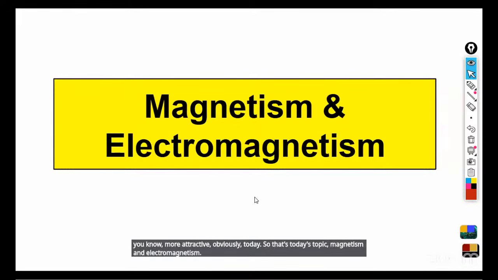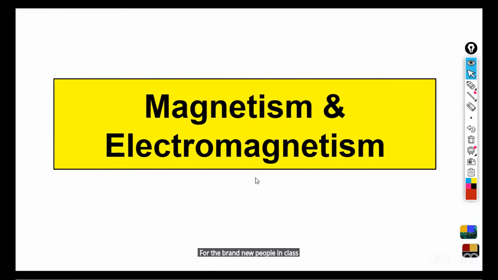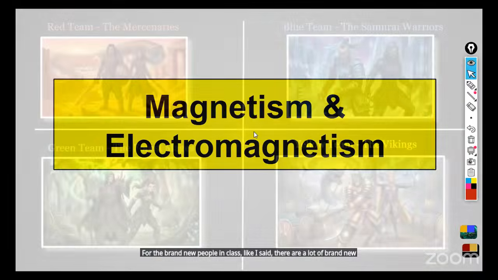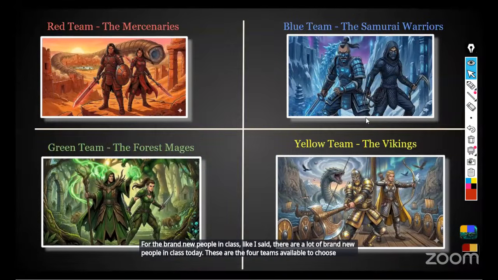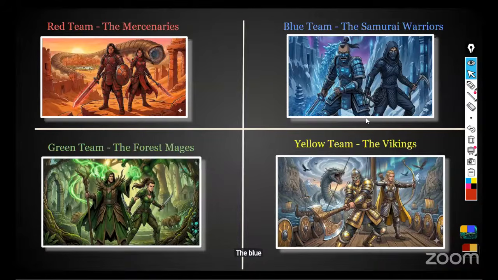For the brand new people in class, and like I said, there are a lot of brand new people in class today, these are the four teams available to choose from. Take a look and you're going to be able to vote just now. It's either the red team, the blue team, the green team, or the yellow team.